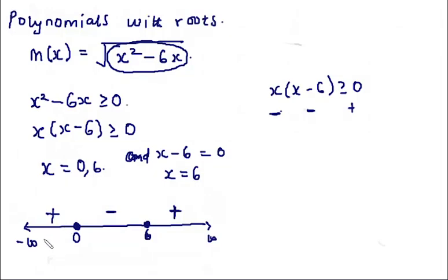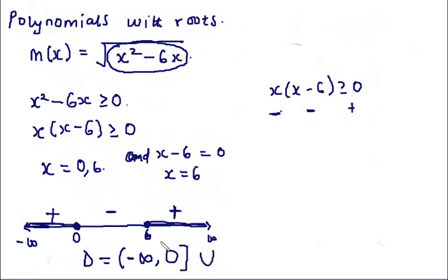Now the intervals that satisfy our inequality are this one and this one. So the domain of this function will be equal to negative infinity, comma, 0, and because this is a closed point, we have a square bracket.